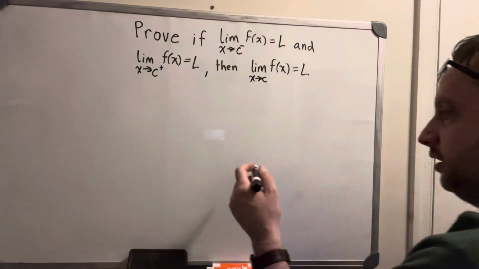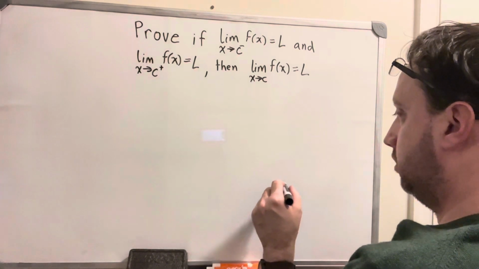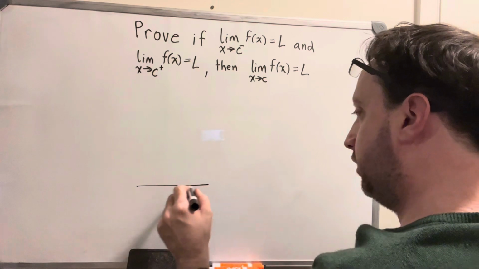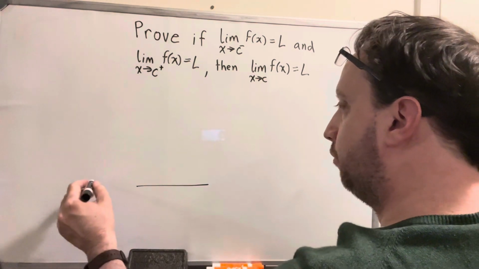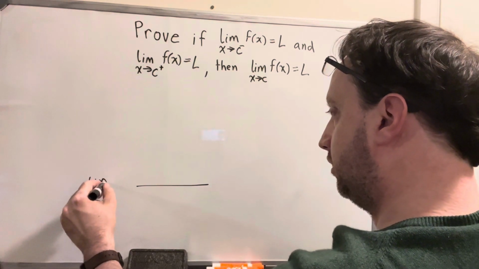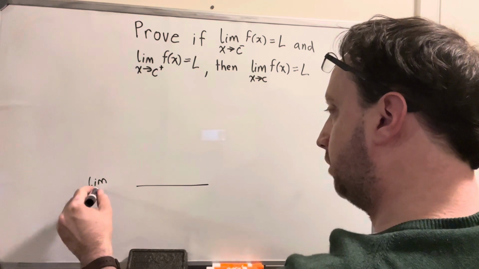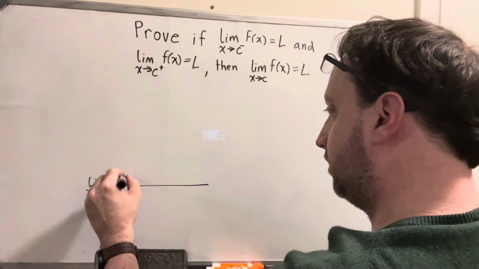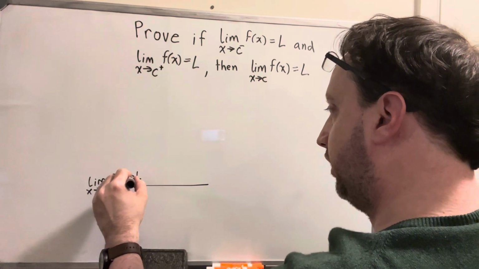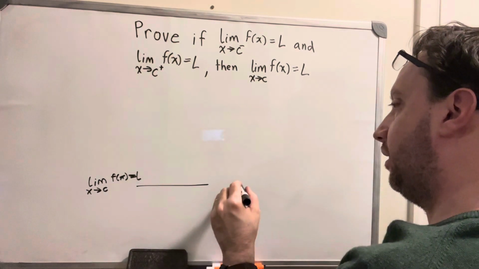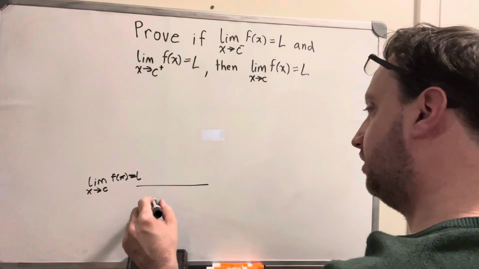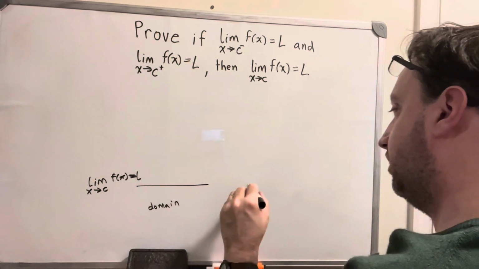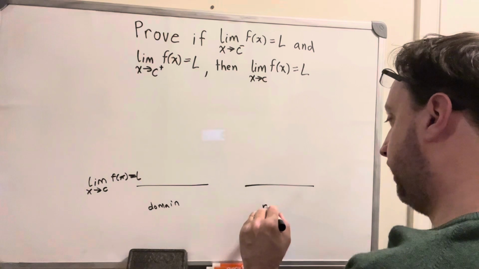Let's write the definition. Let's actually draw a type of drawing right here. What I'm going to do is draw for the limit as x approaches c of f of x equals L. Now this is the domain, and this is the range.